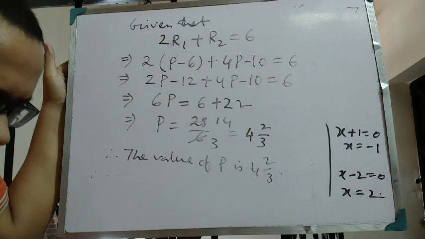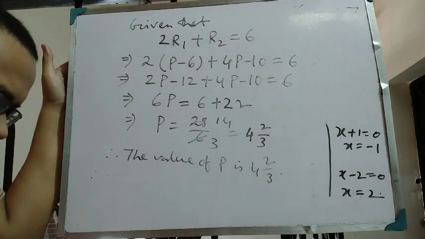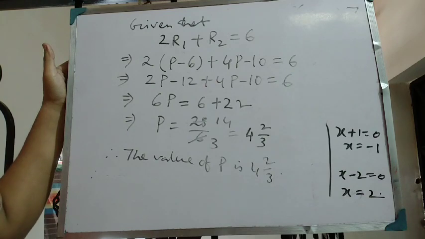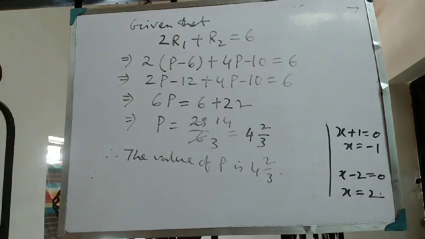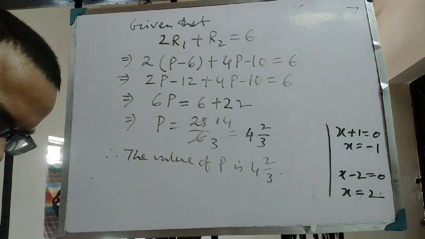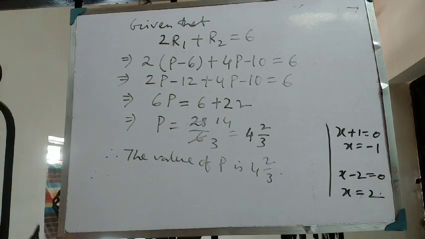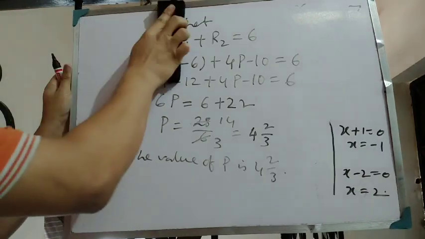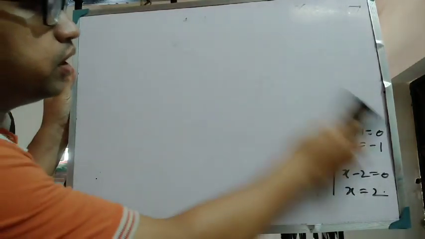One of the very important problems from this exercise, which has repeatedly been given in the exam, is number 8. Now I am going to give the solution of number 8. Number 8, what is given?